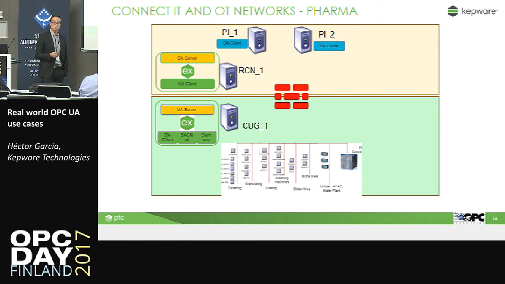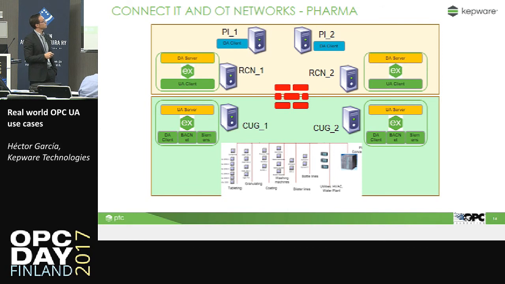So the way not to lose data is to add high availability, redundancy. So you have to install another instance of everything and then just cross-connect everything so that if one of the instances falls down, then the other one becomes active and so on. So that's the pharma use case.